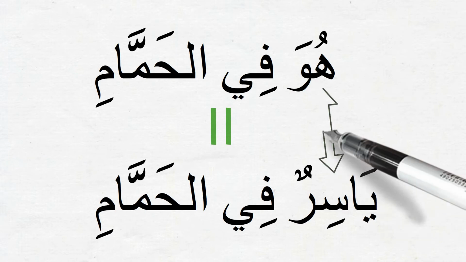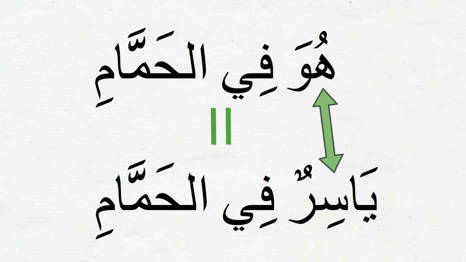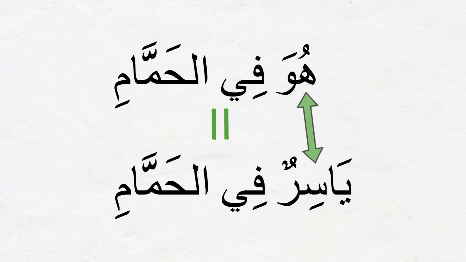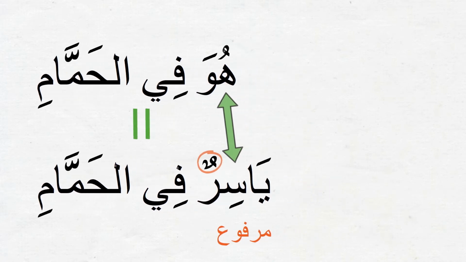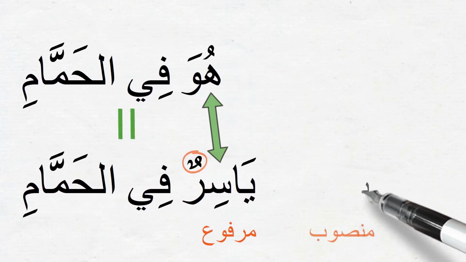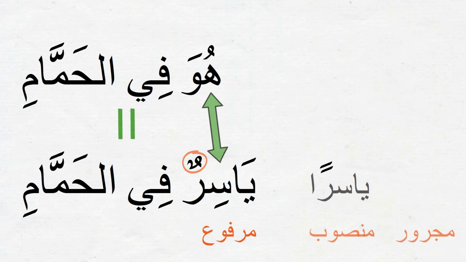So huwa and Yasirun are the equivalent words, and both are ism. Now we know that ism Yasirun is marfu'. How do we know? Because it is ending with un, tanween dhamma. If it was mansub, it would have been Yasiran. And if it was majroor, it would have been Yasirin. But it is ending with un, a typical sign of marfu' ism.